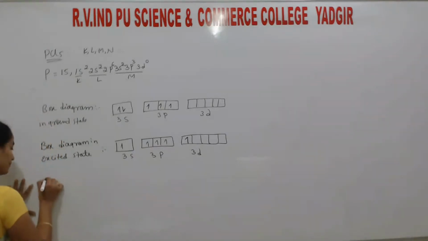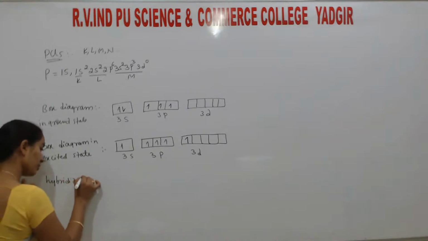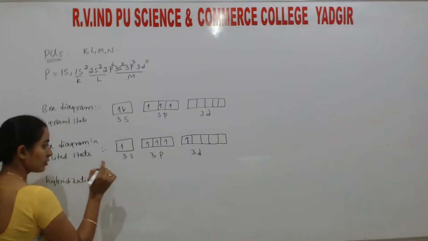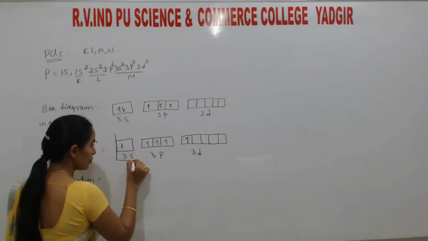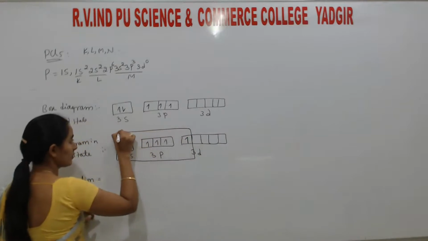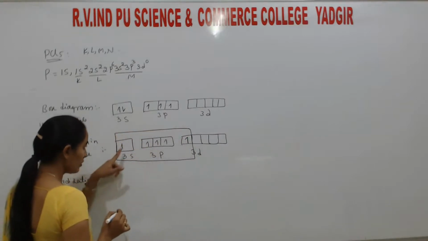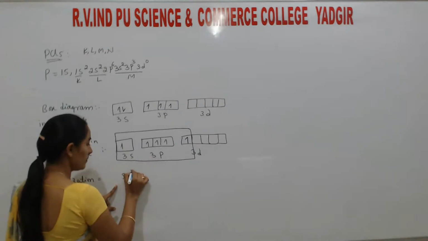So now, take the hybridization. How to find out? We require 5 bonds. Start from here: 1 electron, 2, 3, 4, 5 electrons. So 1 is an s orbital, 3 p orbitals, 1 d orbital.